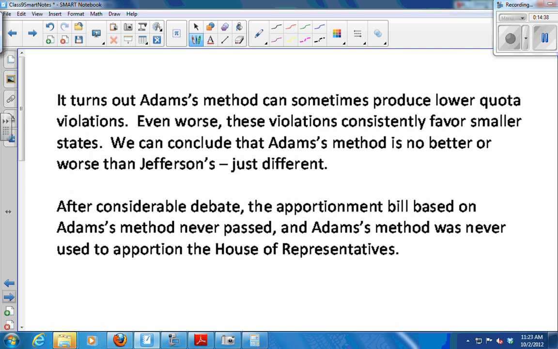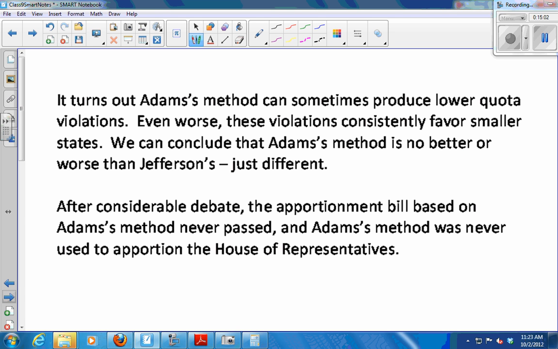So it turns out that Adams' method sometimes produces lower quota violations, and even worse, these consistently favor smaller states. Jefferson's method produces upper quota violations that consistently favor large states, and Adams' method produces lower quota violations that consistently favor small states.